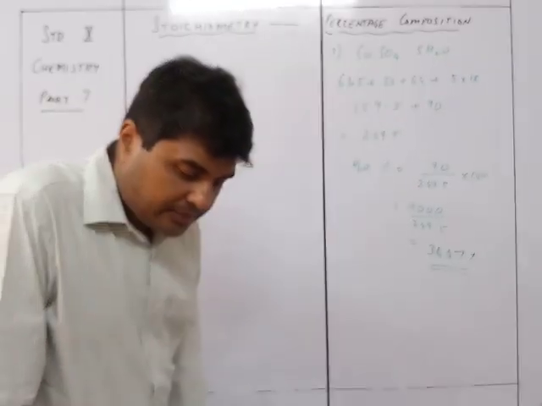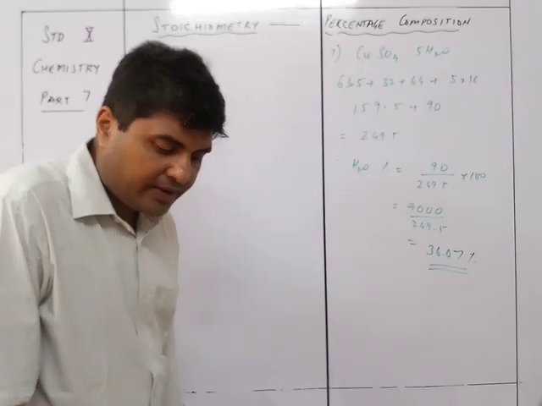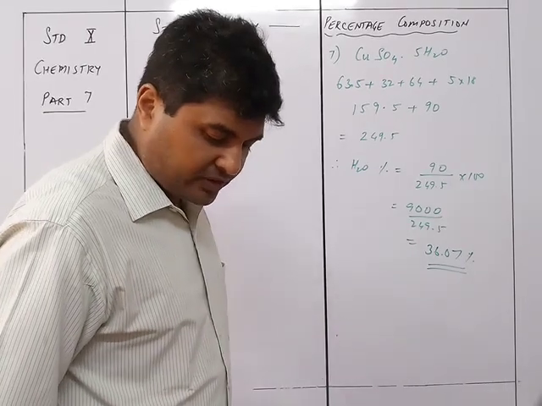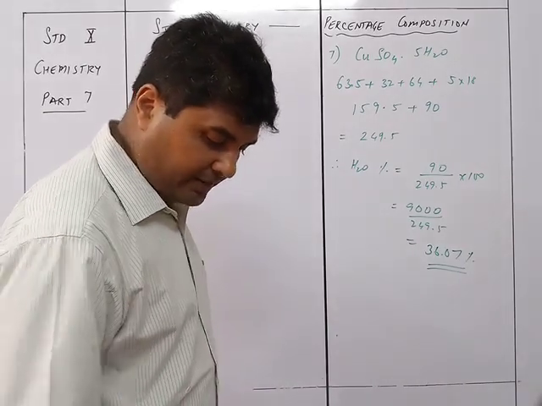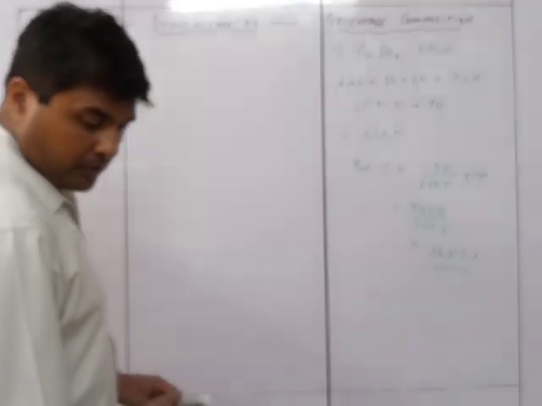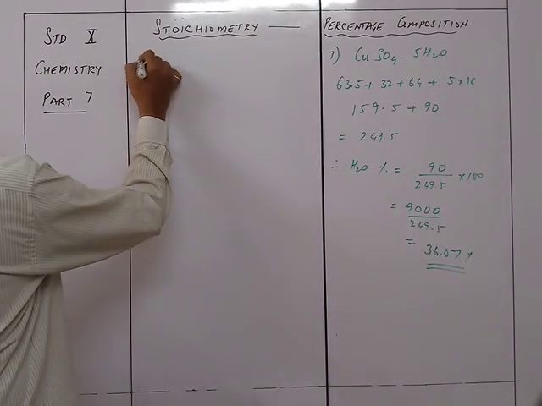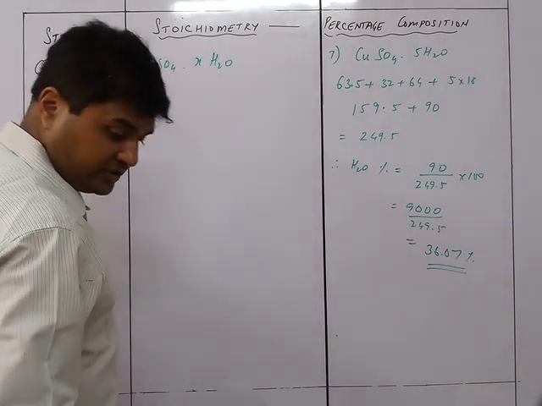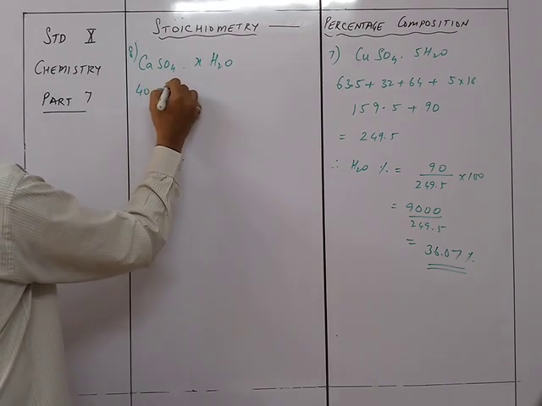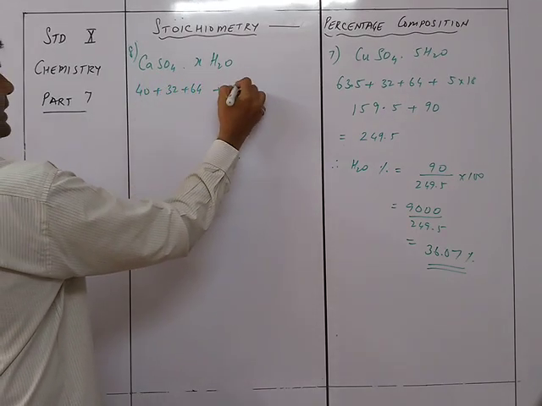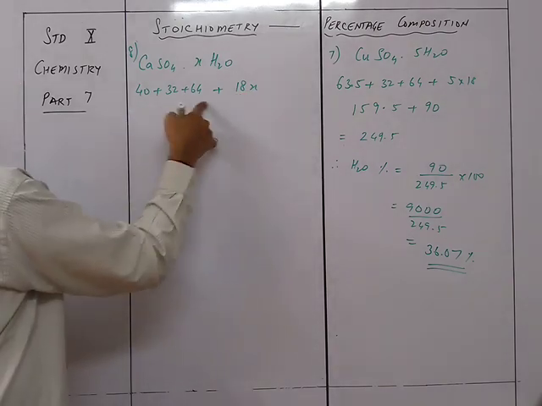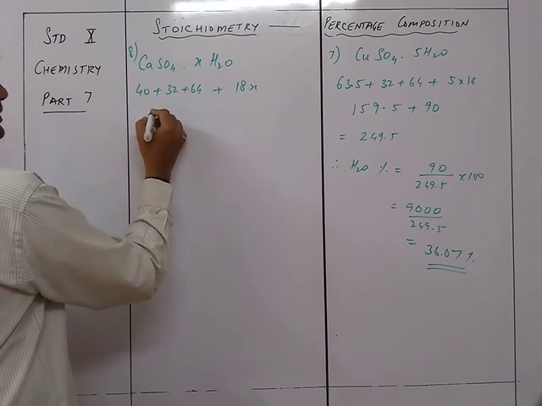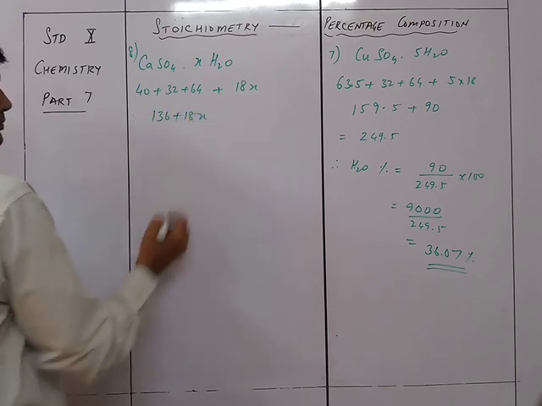Hydrated calcium sulfate is CaSO4.xH2O containing 21% water of crystallization. Calculate the number of molecules of water of crystallization x. So Ca is 40 plus 32 plus 64 plus 18x, which is 136 plus 18x.